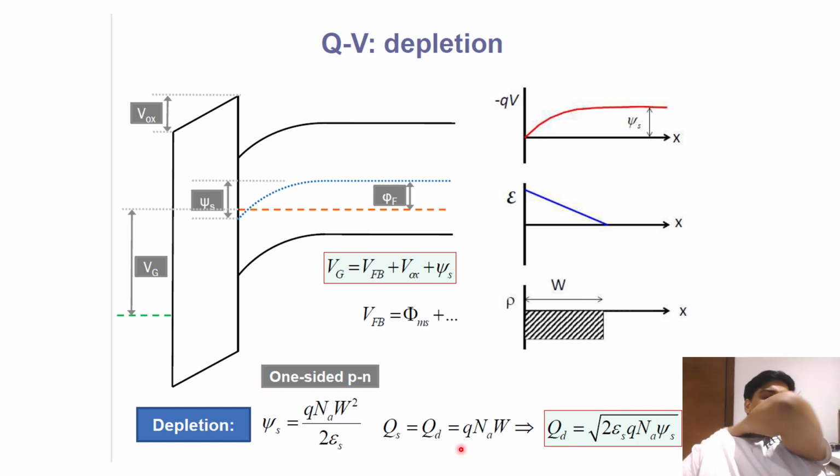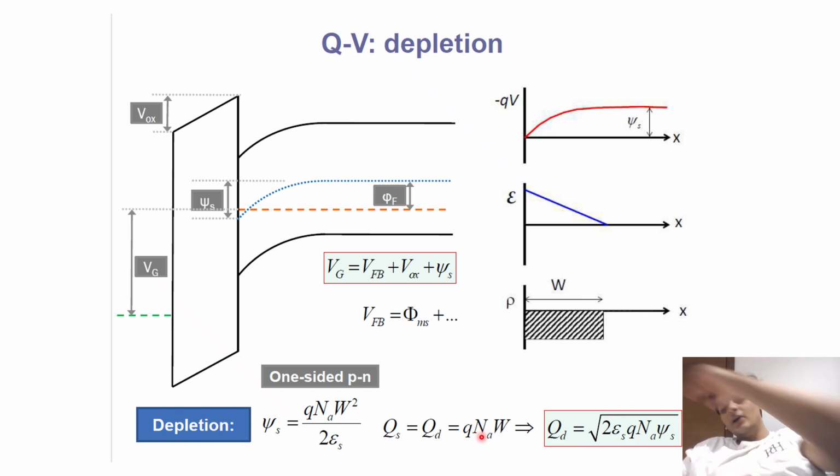So if you want charge per unit area in depletion, you know that in depletion, the charge per unit volume is left by just these ions. Na is the concentration of ions. All the holes have been depleted away, so those don't contribute any charge. It's just these ions that contribute charge.